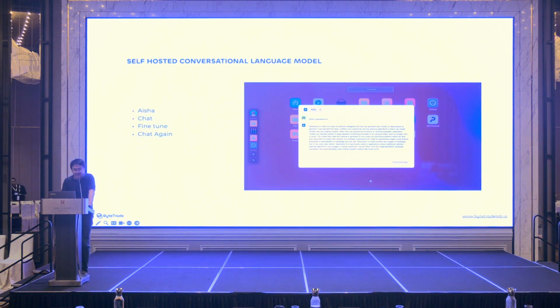All right, so this is a self-hosted conversational language model. It's an app on Terminus OS right now. It's called Aisha. So it's similar to GPT. However, instead of sending the message or having conversation with OpenAI at the centralized server, Aisha operates on your personal server based on a large open source model.